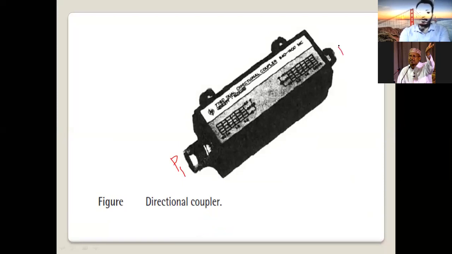Port P2 is called the direct port. Port P3 is called the coupled port. There is another port here, also an output port, P4, which is called the isolated port. So how many ports? 4 ports. P1 input, P2 direct port, P3 coupled port, P4 isolated port.